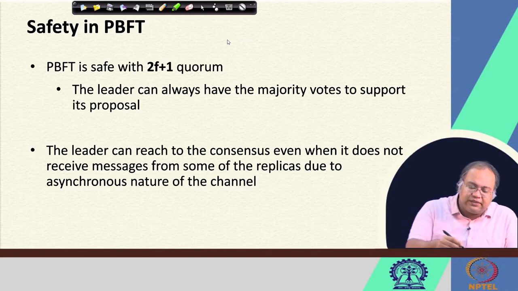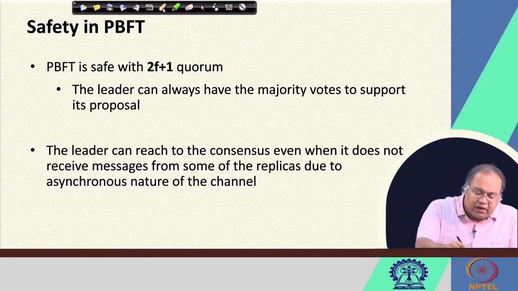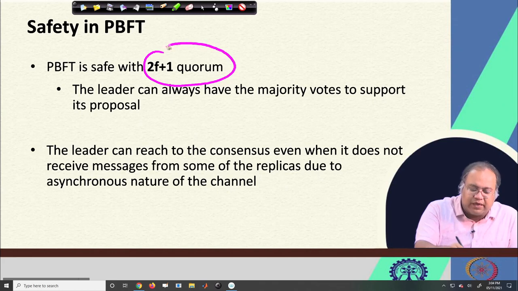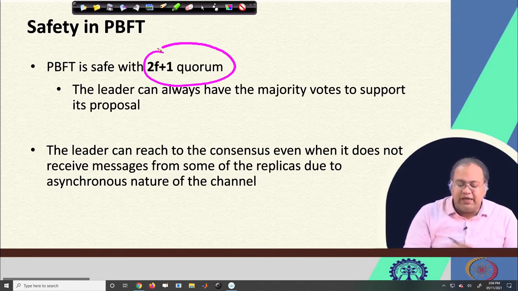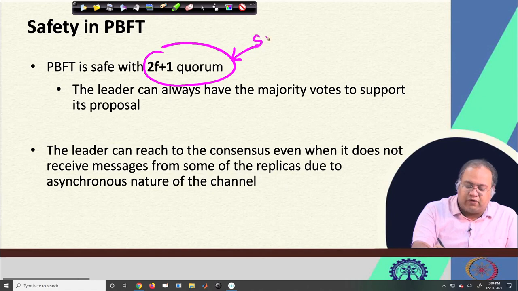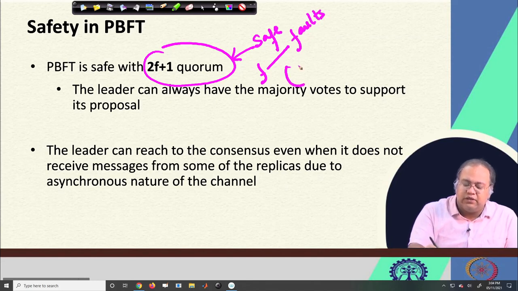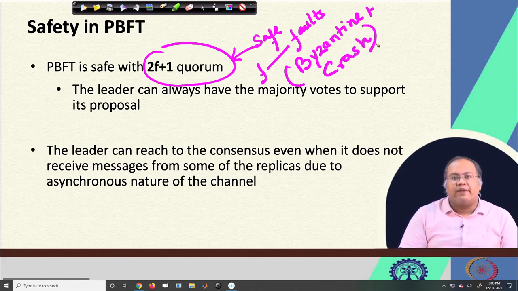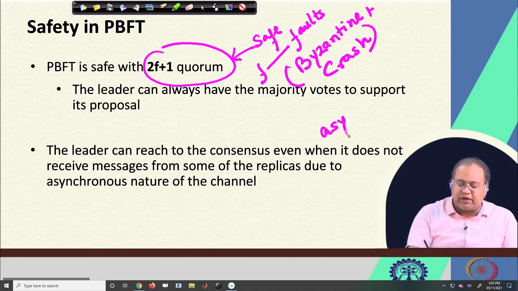So, if I just rely on this 2f plus 1 quorum in the context of PBFT, I am always safe when I have f number of faults that includes both the Byzantine fault plus the crash fault. Okay. So that way we can ensure that PBFT is always safe in an asynchronous environment.